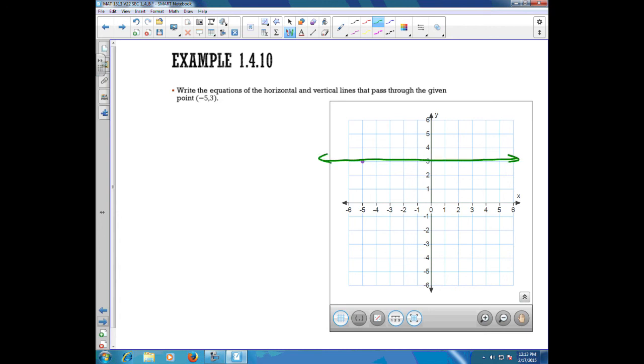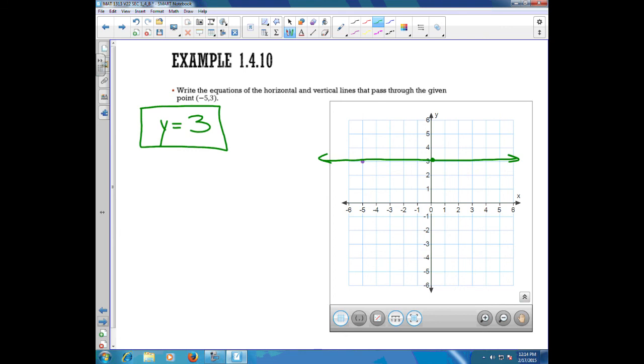And so a horizontal line is y equals some number. And it's going to be y equals whatever the y-intercept is. And here we see that it crosses at y equals 3. And so the equation for the horizontal line is just y equals 3. If you notice, it's just y equals the y-coordinate of the given point.